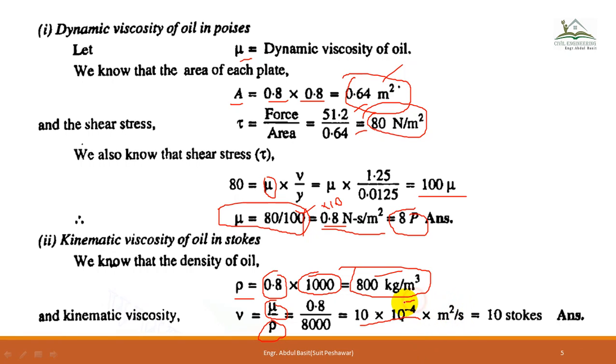As I told you earlier and explained in the previous problem, removing this 10 raised to power minus 4, the unit will be converted to stokes. So 10 stokes is the answer for kinematic viscosity. Dynamic viscosity and absolute viscosity are actually the same terms, but kinematic viscosity is something different, which is mu divided by rho, that is dynamic viscosity divided by density.